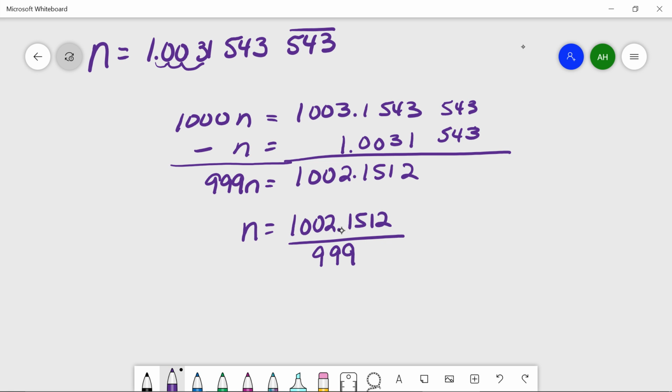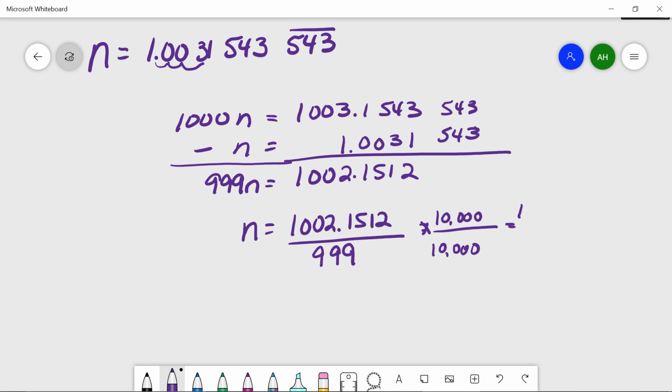We're going to move this 1, 2, 3, 4 places. Think about the fact that I'm multiplying this by 10,000 over 10,000. Really, we're just moving our decimal point 4 places, right?